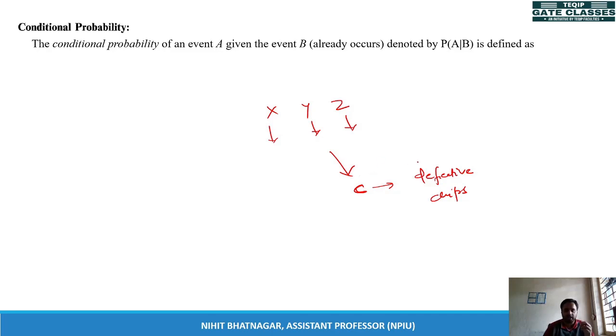So the event of finding defective chips in C depends on the manufacturing of defective chips by X, Y, and Z. That's why C finds defective chips.